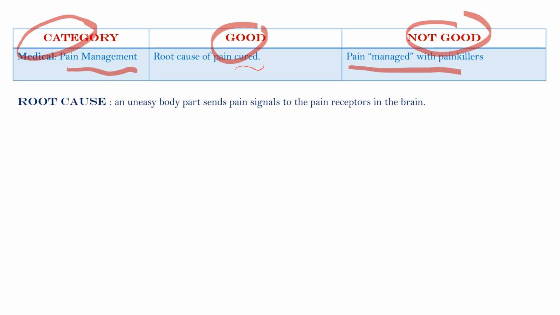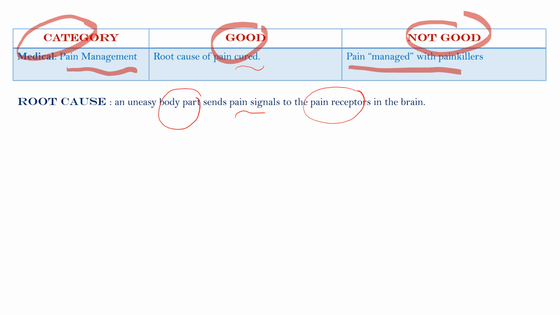Now we may ask ourselves, what is the root cause? Why do we merely hide the symptoms of pain as opposed to curing the pain? One of the root causes might be an uneasy body part sending pain signals to the brain. So as we know, if a body part is hurting, it sends pain signals to the pain receptors in the brain.